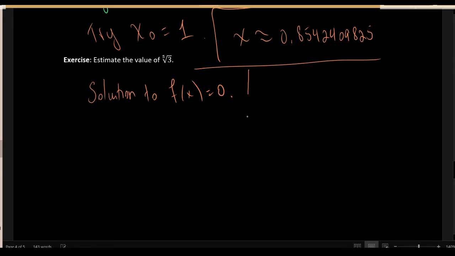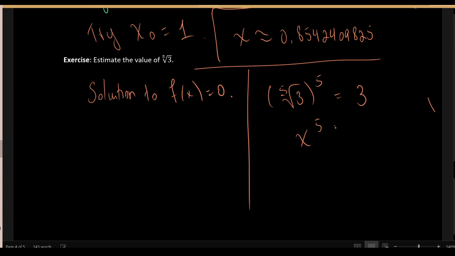Now, one thing I know for sure about the fifth root of 3 is that if I take it to the fifth power, the fifth root will cancel, and 3 will be the result. So the fifth root of 3 is a solution to x to the fifth power equals 3. If I plug the fifth root of 3 into that equation, it becomes a true statement.